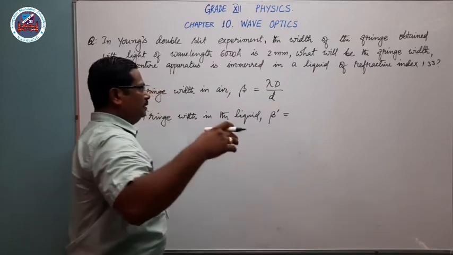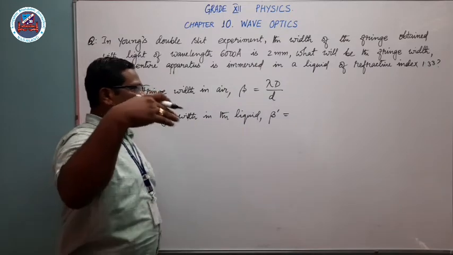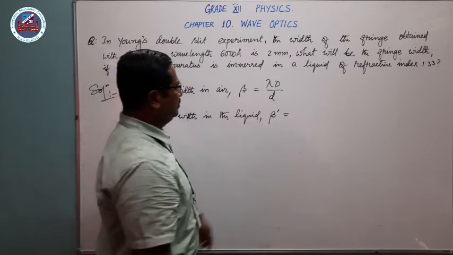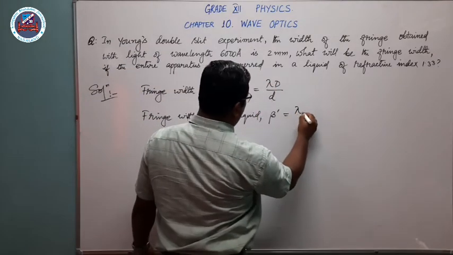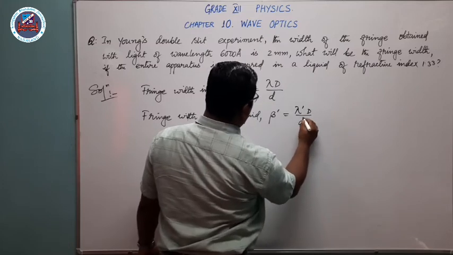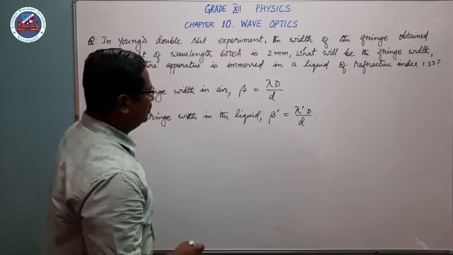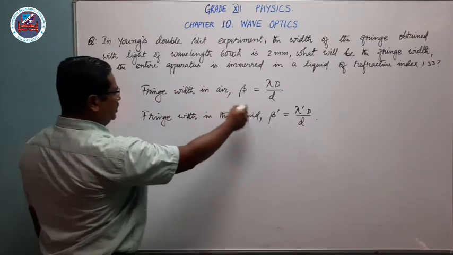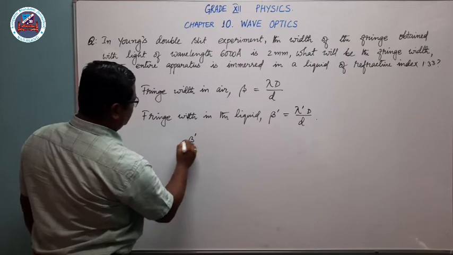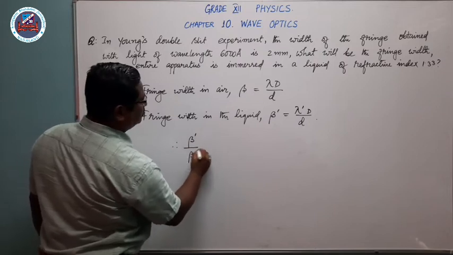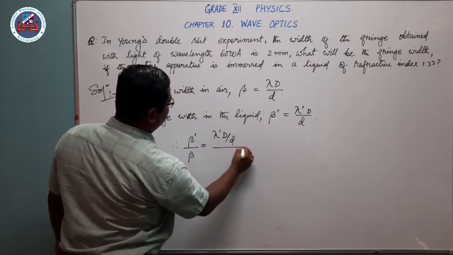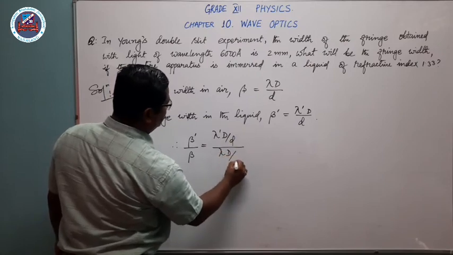If the light passes into a liquid of higher refractive index than air, then the wavelength will change. Let us write this as lambda dash D by d. If you find the ratio, beta dash by beta is equal to lambda dash D by d divided by lambda D by d.